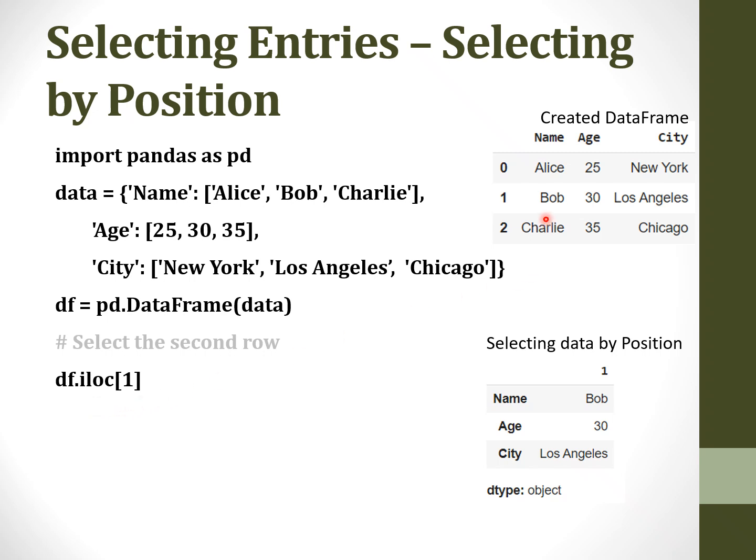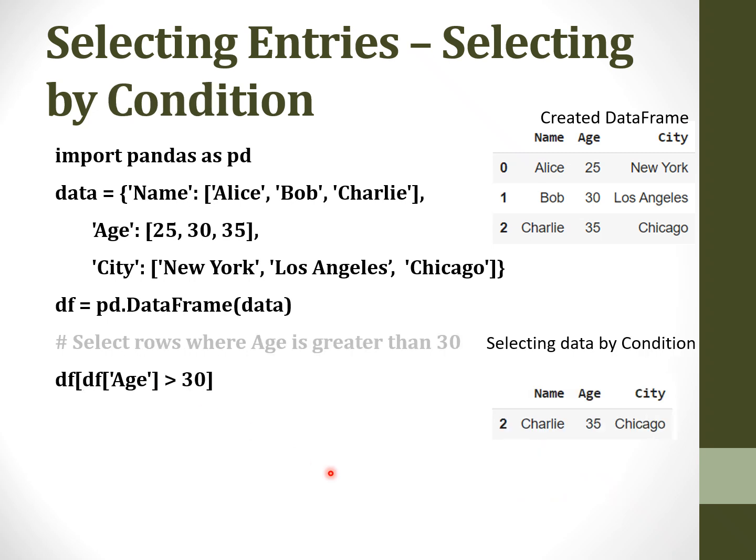If you see this created data frame, this is the index value 1 and it corresponds to name Bob, age 30, and city Los Angeles. So by giving this command, we can print only the data which corresponds to this location 1.